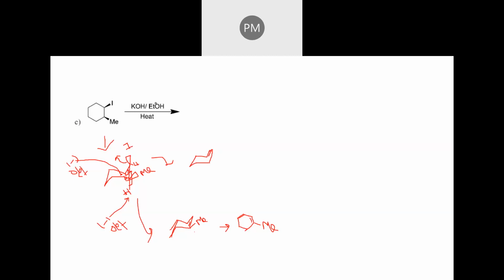Here we have a double bond and there will be one methyl above. So our product will look like this. So here will be the double bond and here will be the methyl.